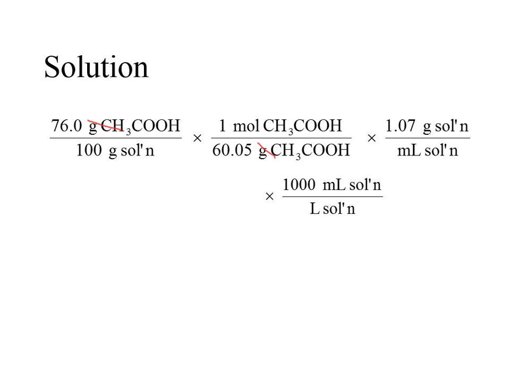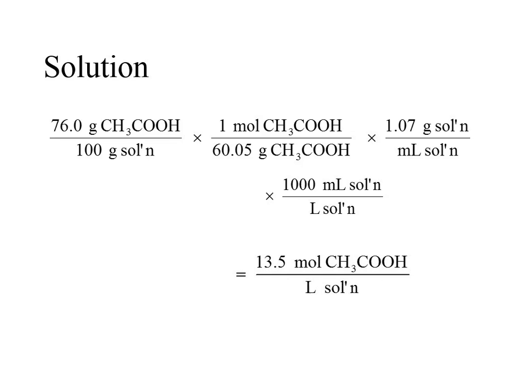Grams of acetic acid have canceled. Also grams of solution have canceled. Milliliters of solution have canceled. We're left with moles of acetic acid over liters of solution. Looks like 3 significant figures. Remember that 100, there's no uncertainty introduced because that was by definition 100 grams of solution.